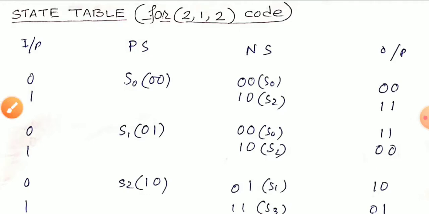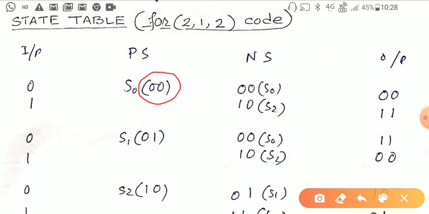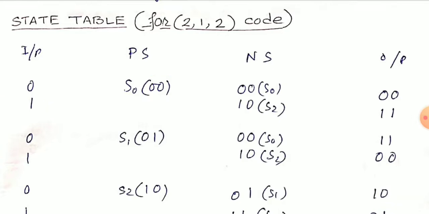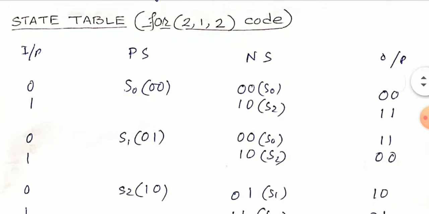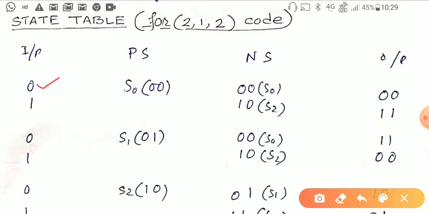If the value is 00, the input will be single-bit data; the applied input can be 0 or 1. Initially we consider that 0 is applied.